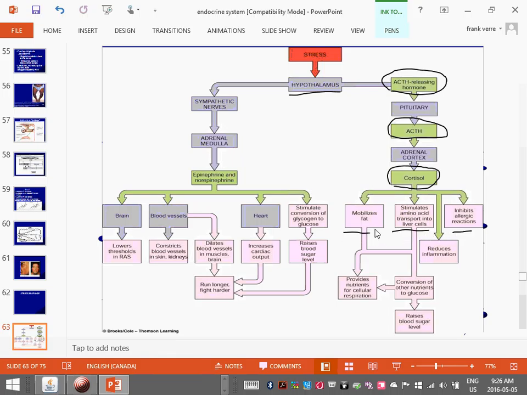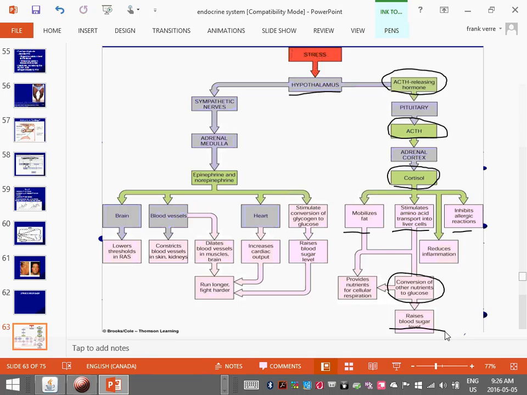It mobilizes fat. Because if you mobilize stuff, you could use it for fuel. Instead of storing it, you're moving it around the body to burn it. You could move amino acids into the liver, because then what we could do with the amino acids is convert them into glucose. And we could raise sugar levels. In the stress response, we talked about this, right? What do you want? You want more sugar.